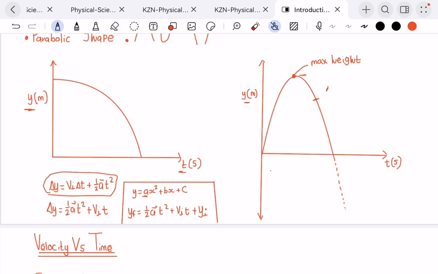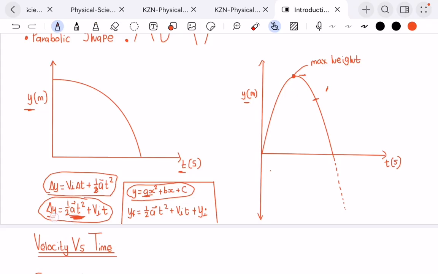If we rearrange this equation, we really just swap the positions of terms, and we can see that this is almost similar to this, and this is an equation of a parabola. So I can rearrange this in such a way that it is the same as this.